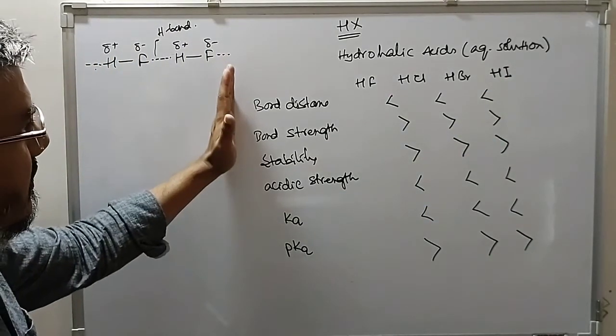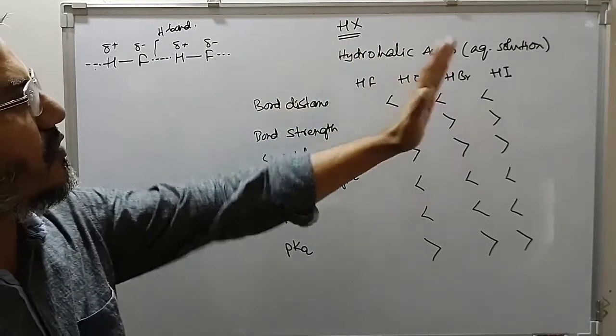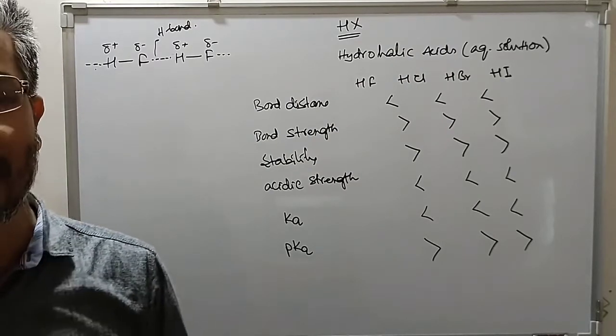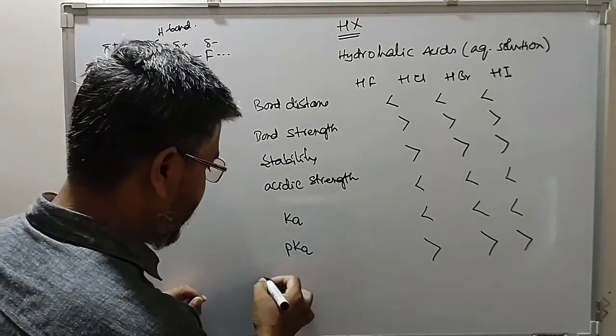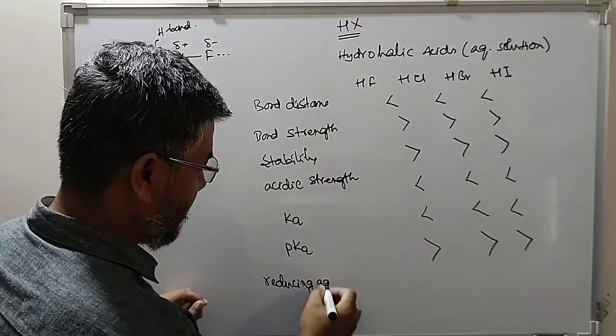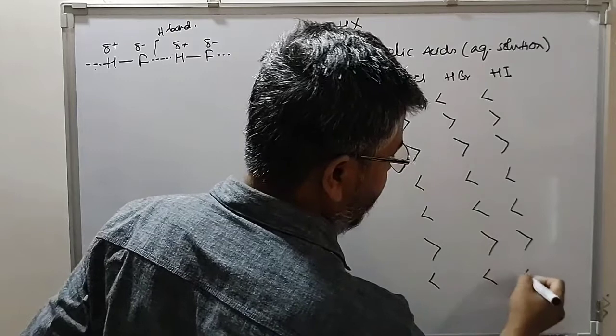So this is the variation in properties. Now, as I told you earlier, halide ions are very powerful reducing agents. So as a reducing agent, I minus is the strongest.